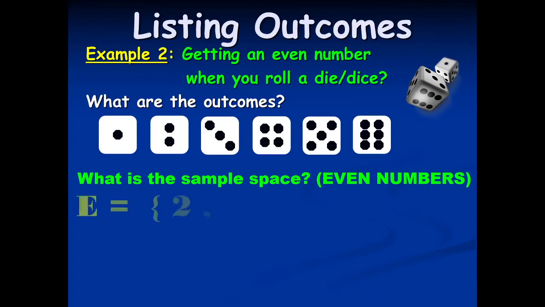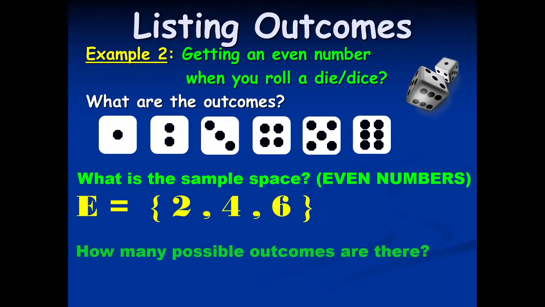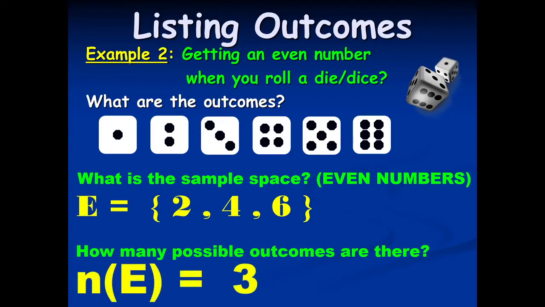Okay, I'm going to be using the letter E now because I am given a specific event. Okay? So take note, this is now the sample space for a specific event. That is 2, 4, 6. Even numbers naman na siya. And how many outcomes are there? There are 3 possible outcomes when you get an even number when rolling a die.